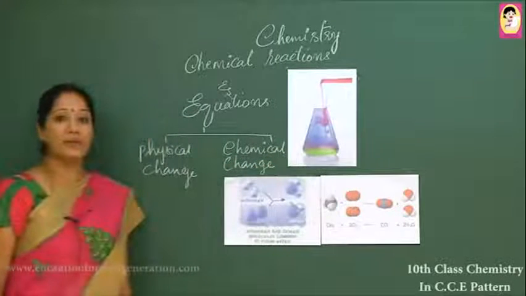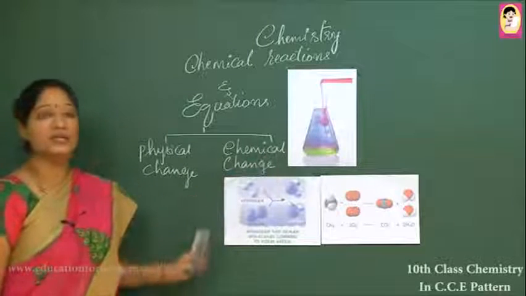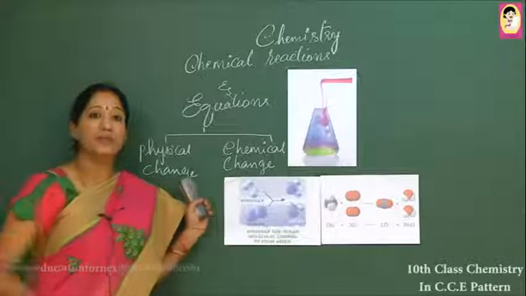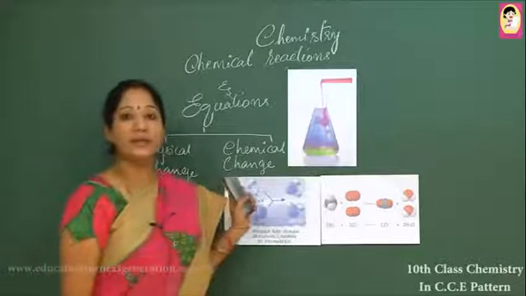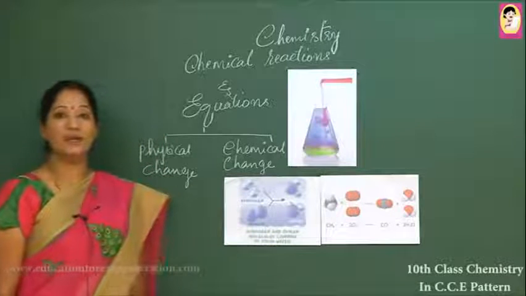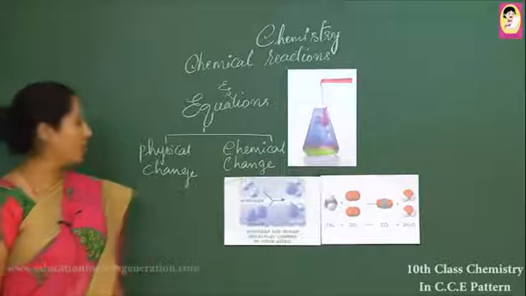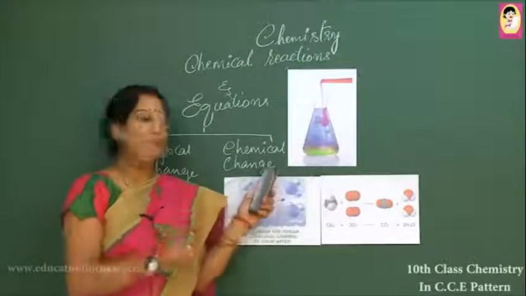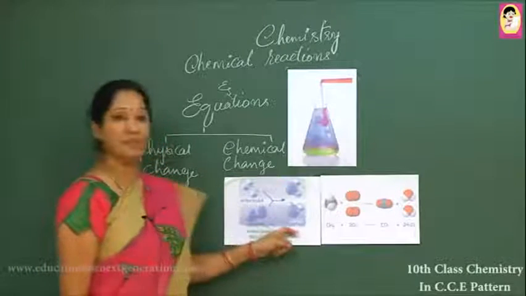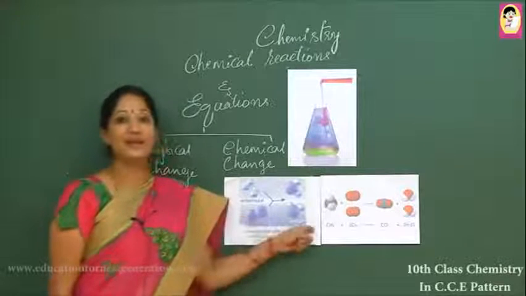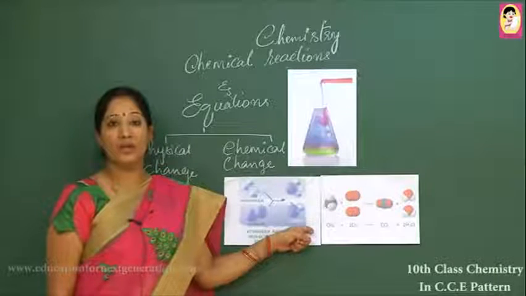Now, in terms of chemistry, we consider these changes as reactions. The physical changes, like sunrise getting converted to sunset, or summer season getting converted to winter or rainy season. Now, the chemical change: if I take hydrogen reacting with oxygen, the two gases when they react with each other get converted into water.